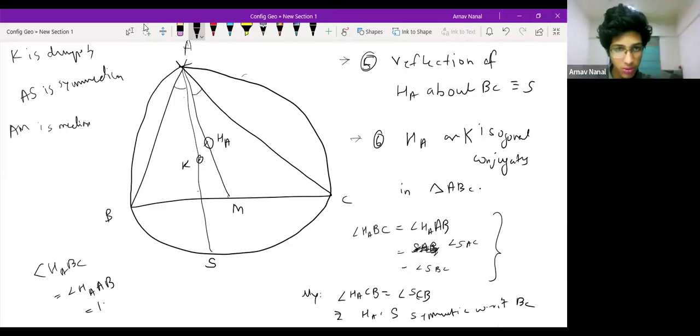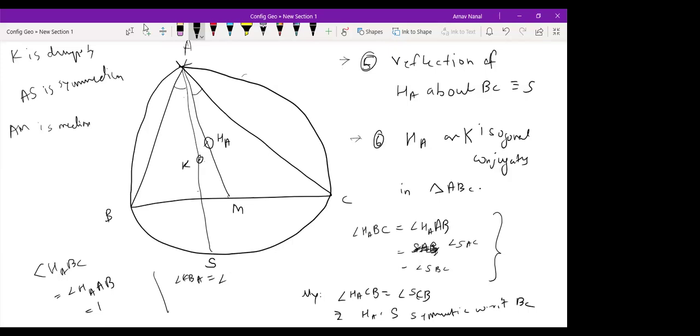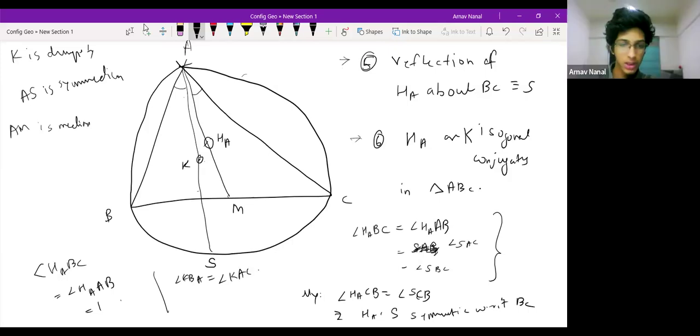So you mean this is equal? Okay, I get what you're doing. So KBA equals KAC, and these two are equal. Nice. So we get that HA and K are isogonal conjugates.